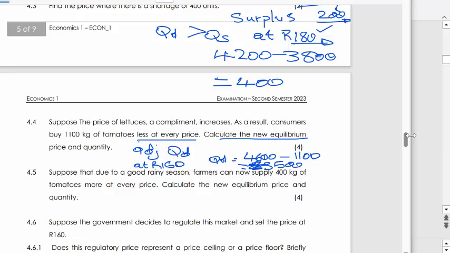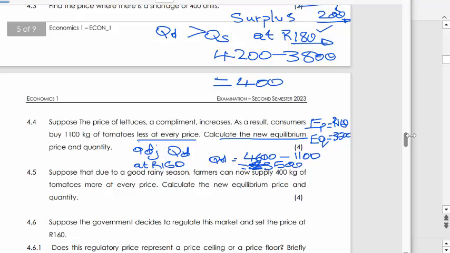So the answer for this question would be: the equilibrium price is equal to 160, and the equilibrium quantity will be equal to 3,500. So that's your solution for 4.4, right?